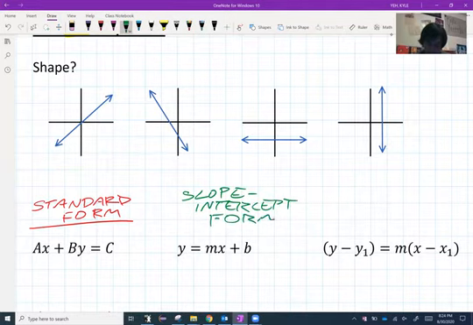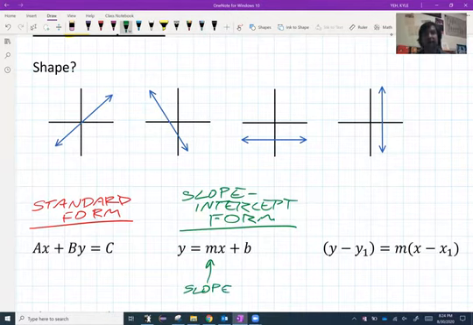The reason it has this name is pretty straightforward because, hopefully this looks familiar, m in mathematics most often represents the slope of a line, and b represents the y-intercept. Why is it called slope-intercept form? Because just looking at it, we immediately know the slope of the line and the y-intercept. That's a really useful one that you've probably seen multiple times before, and we will be talking about that this chapter as well.